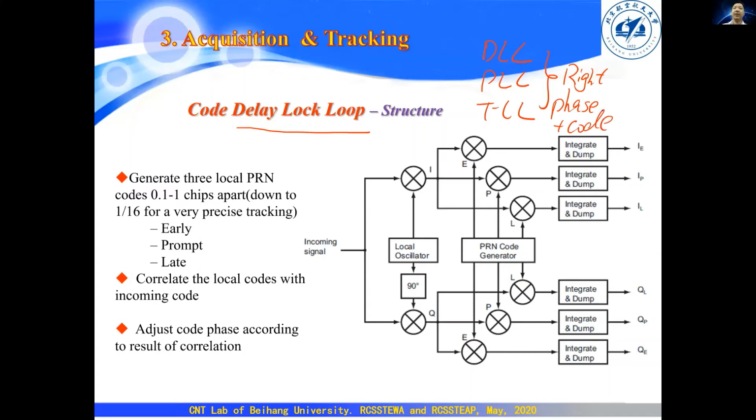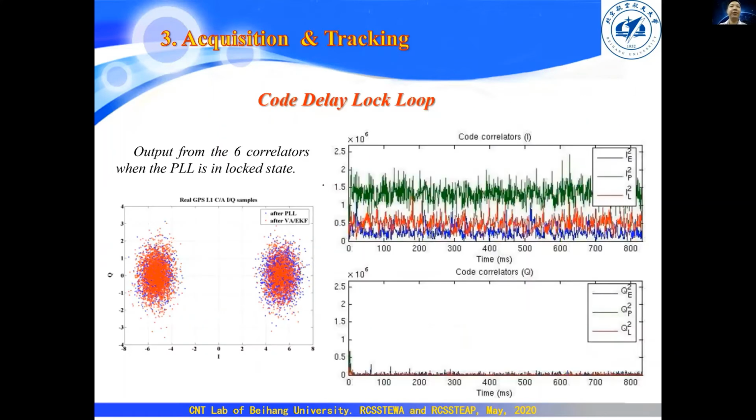That means if the satellite is moving, we can still keep up with the signal. Okay, this is the delay lock loop. After you keep up with the signal, you will see the signal being tracked like this green one. They will keep tracking it, and you will get a very good error diagram.